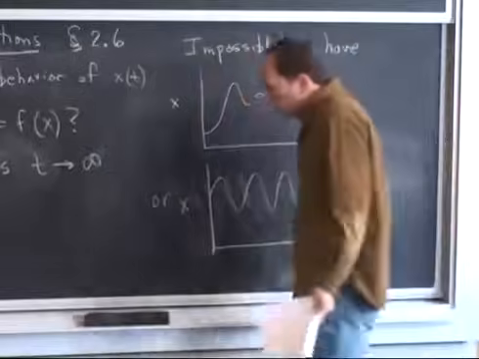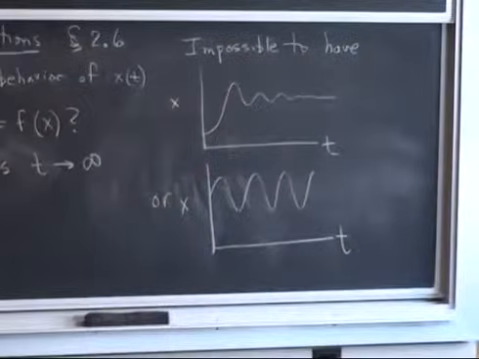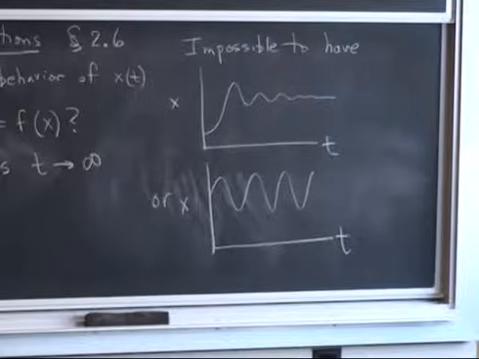You can't see that in this class of systems. And you certainly can't have chaos. So these have really kind of boring long-term behavior. They just approach an equilibrium point or go out to infinity.